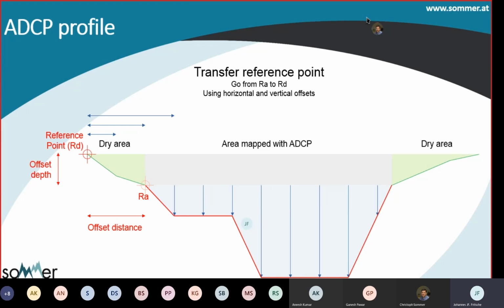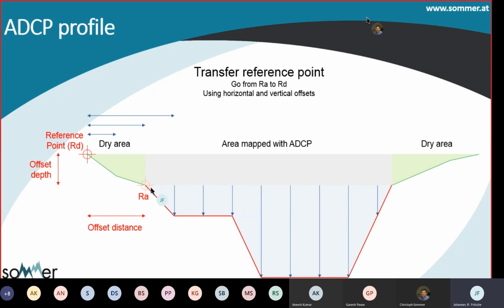What the problem often is, you usually don't apply the ADCP boat when you have the maximum water level. So usually you apply it when there is fairly good weather at medium water levels. So let's say we would do the mapping with ADCP at this water level here, and then you get the information for the cross-sectional area for this part here marked in red.